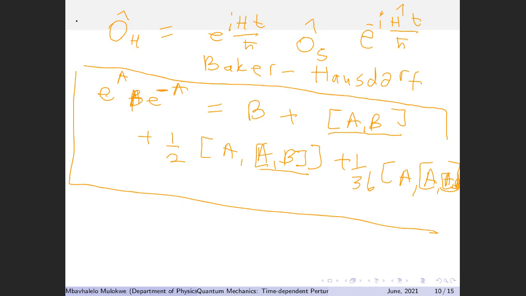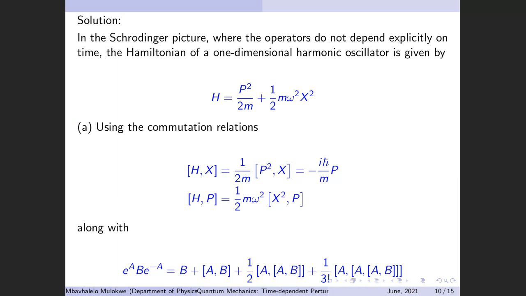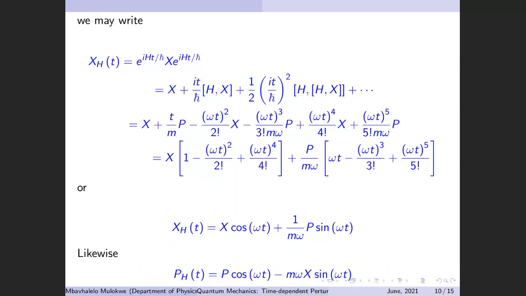So I went and computed the commutators. I had already computed H comma x and H comma p.